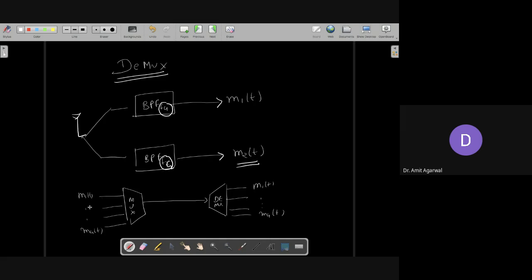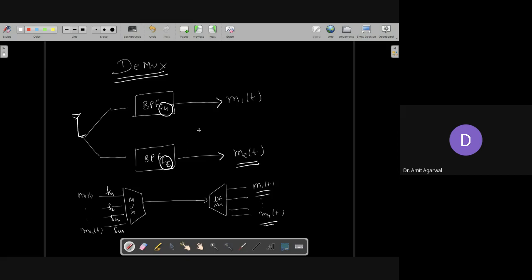Similarly, you can use multiple signals, first translate them to different frequencies FC1, FC2, FC3, FC4, and then at the receiver you put band pass filters and reconstruct them.